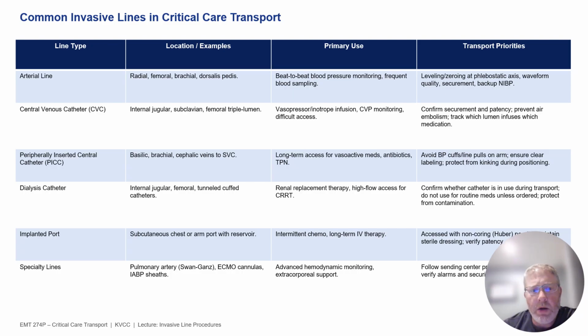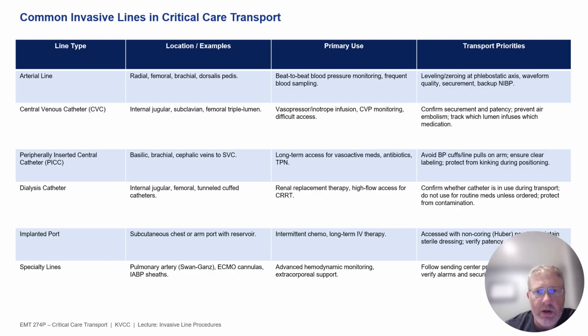Arterial lines, to start, give you a beat-to-beat blood pressure and easy access for arterial blood gases. They're also your best tool for titrating vasopressors.